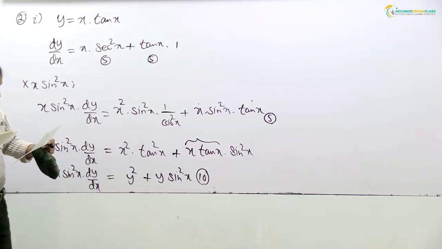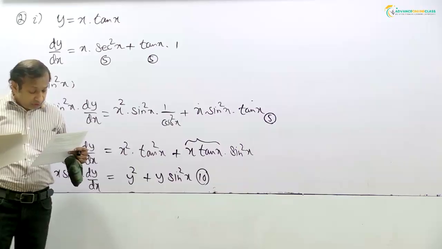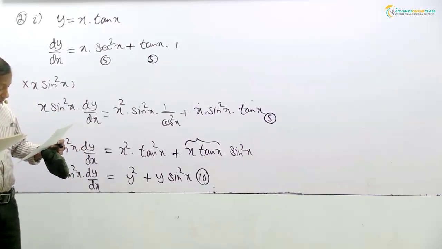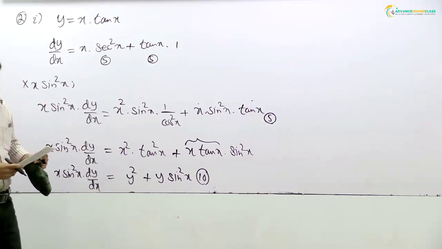Second part, x equals a cos t, y equals a sin t. Then show that the third derivative at t equals pi by 4 is minus 12 over a squared. Who did this question?